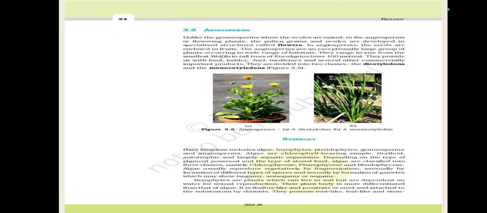They range in size from the smallest Wolffia to tall trees of Eucalyptus over 100 meters. They provide us with food, fodder, fuel, medicines, and several other commercially important products. They are divided into two classes: the dicotyledons and monocotyledons.